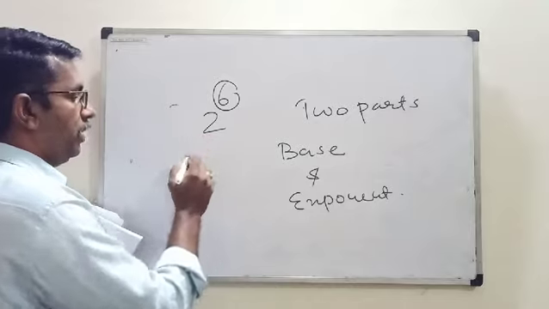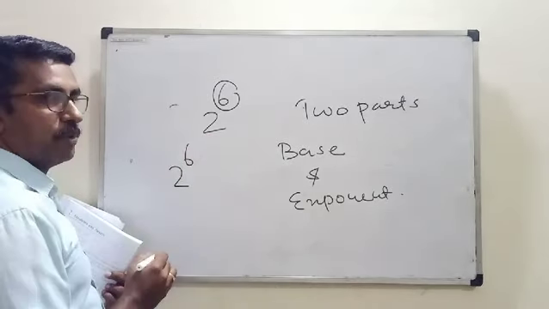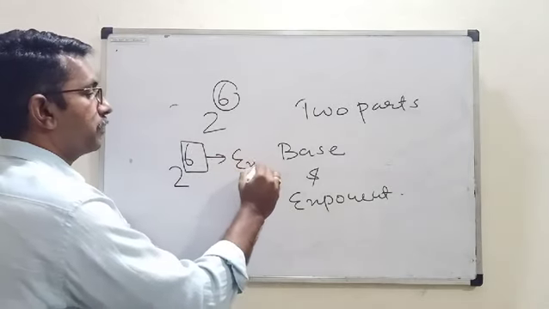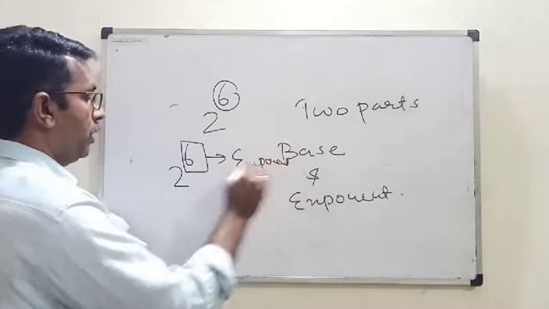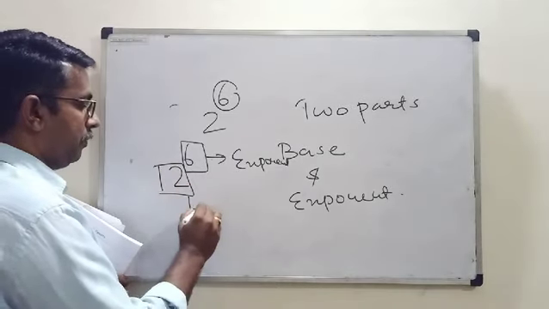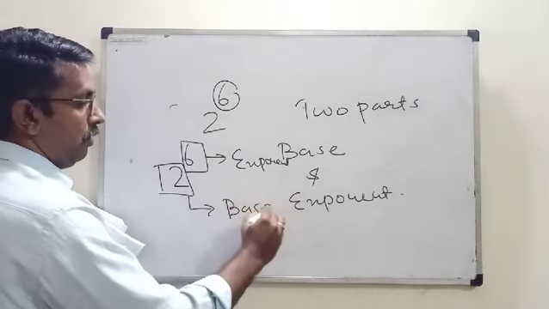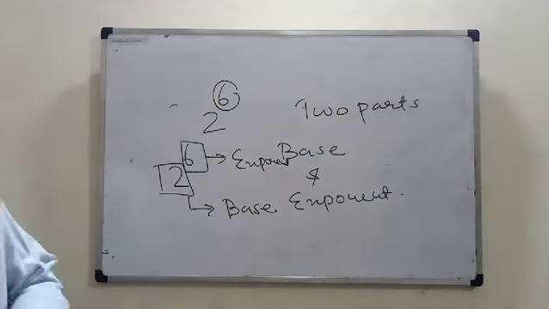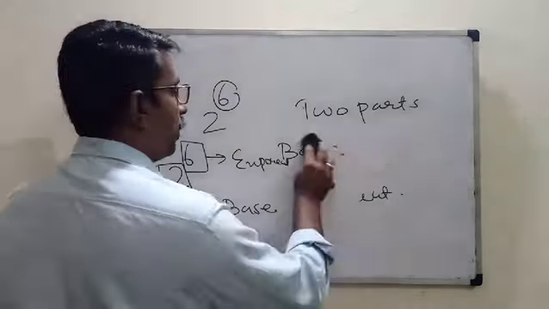Now look at this one, 2 to the power 6. It is an exponential number. It has two parts. This is the exponent and this is the base. Which are the two parts of an exponential number? Base and exponent. This is the exponent, or power, or index.